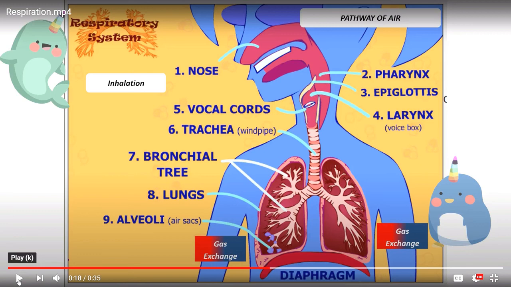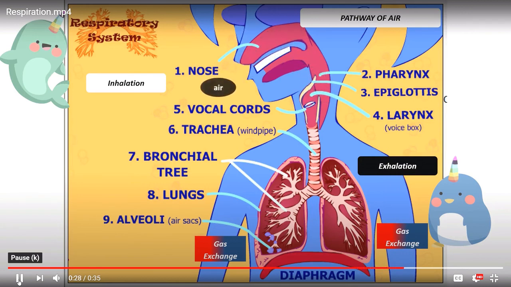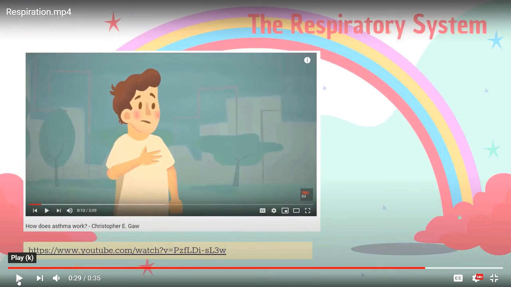So the red blood cells will leave behind carbon dioxide and pick up oxygen in the capillaries of the alveoli. After that, exhalation: air will be squeezed out, mostly containing carbon dioxide, out into your trachea, pharynx, epiglottis, and out of your nose.